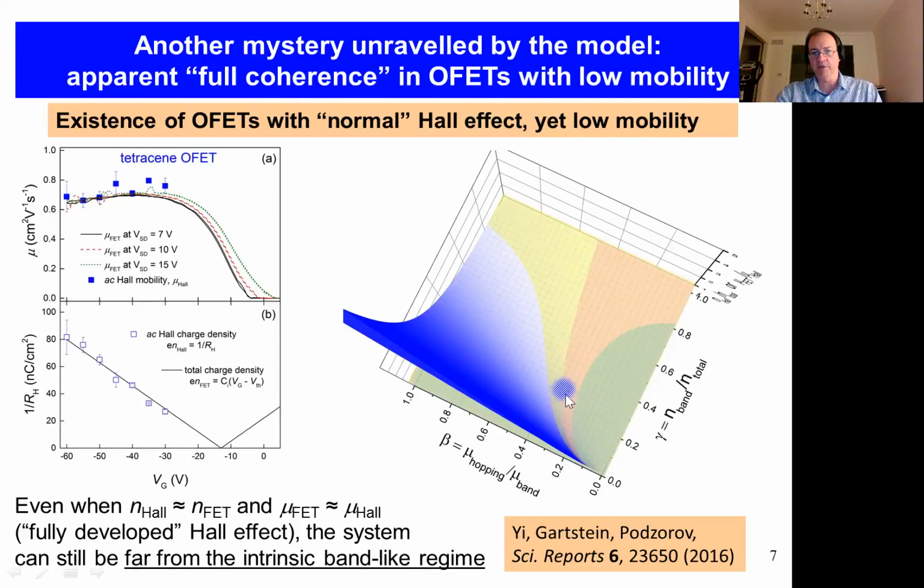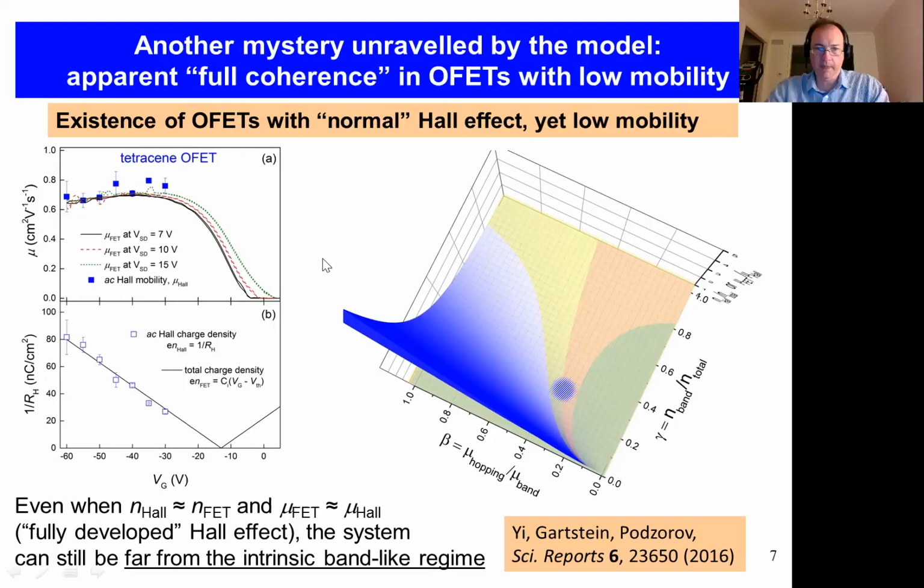For instance, if you're within this droplet of parameters here, your fraction of the band carriers in your system can be rather small, only 30%, and the rest of them are hopping. Nevertheless, here the Hall effect measurements would be almost indistinguishable from the longitudinal measurements, and that seems to be the case in this system, tetrazine.